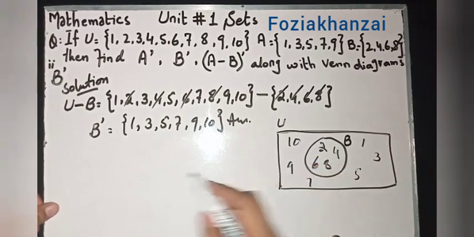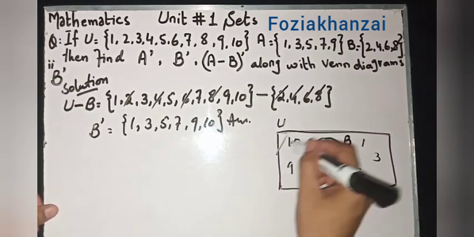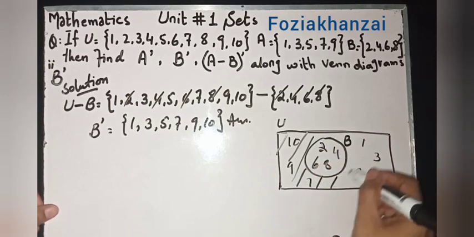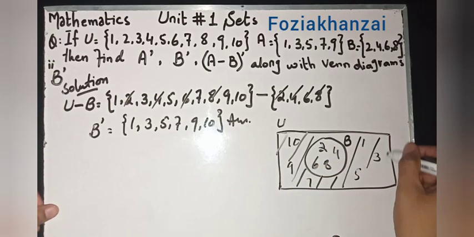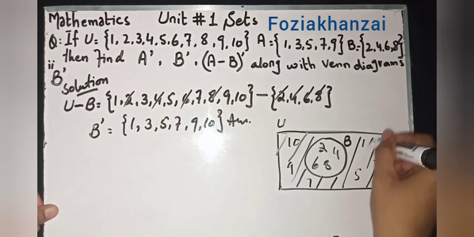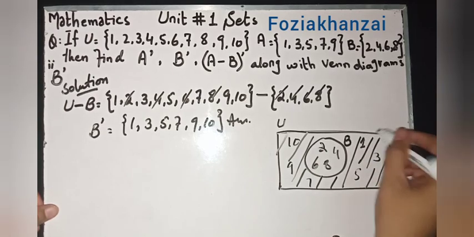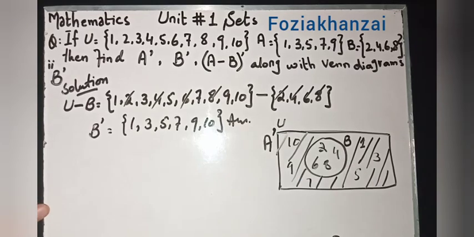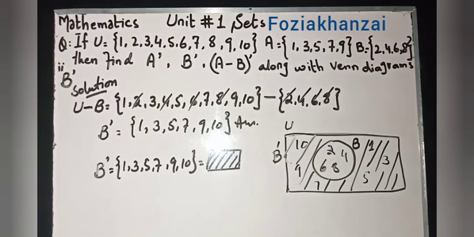Okay, now slash, vertical line, horizontal line show answer of B complement. B complement is equal to 1, 3, 5, 7, 9, 10.